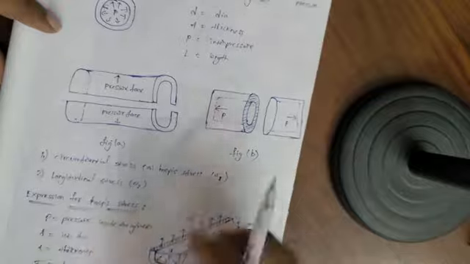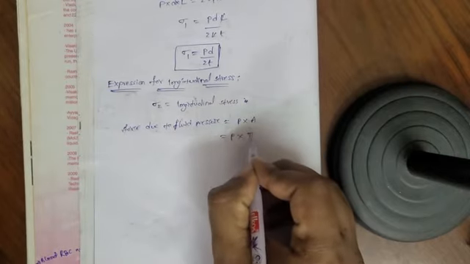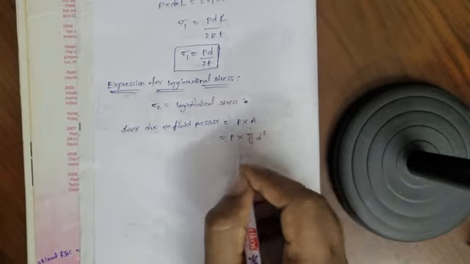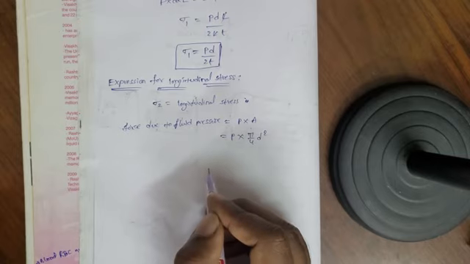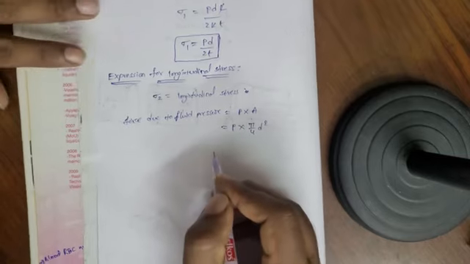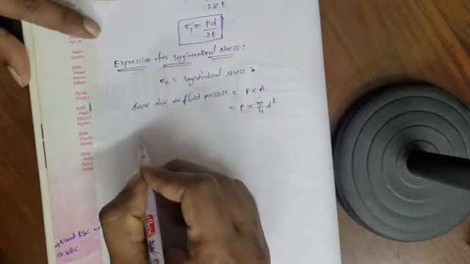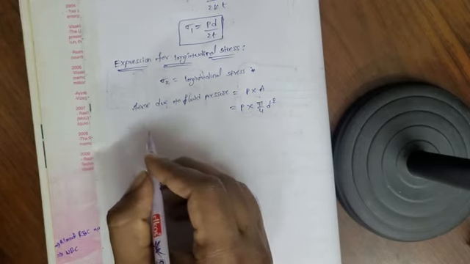That means here we can take the area as the circle area. That means here the area is pi by 4 d square. After that we find the resisting force due to longitudinal stress.